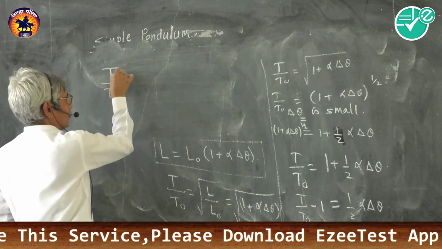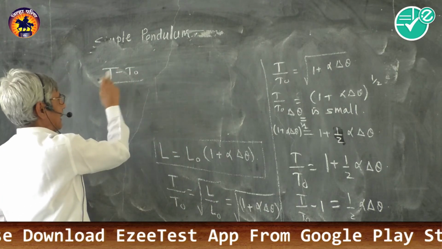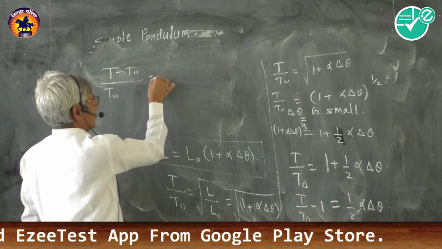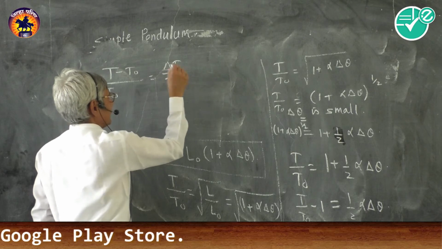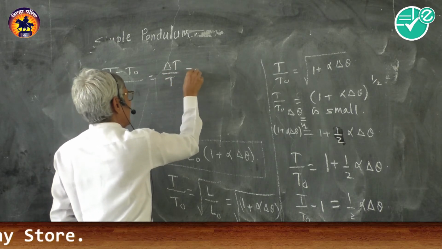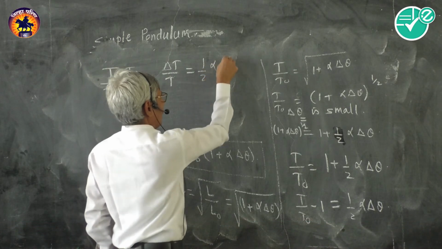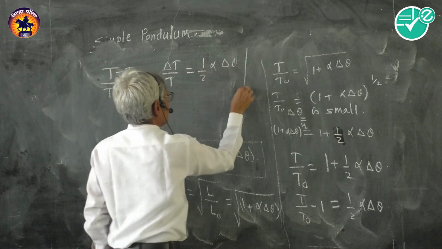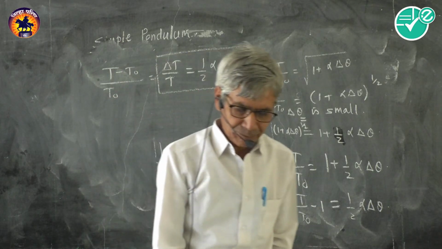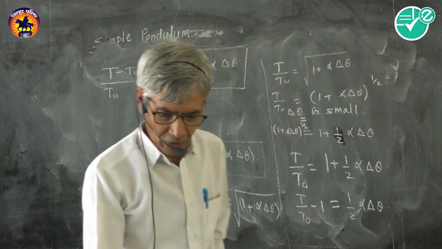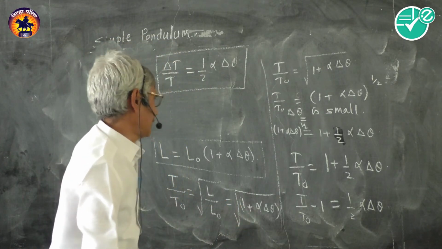T by T0 minus 1 can be expressed as T minus T0 by T0, which is equal to delta T by T is equal to 1 by 2 alpha delta theta. So this is the fractional change in the periodic time caused by the change in temperature.